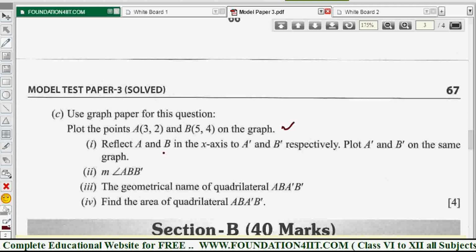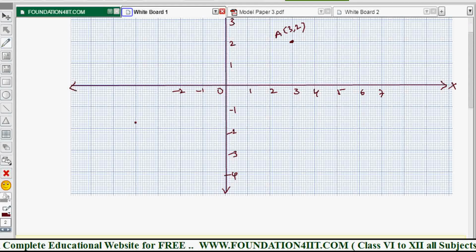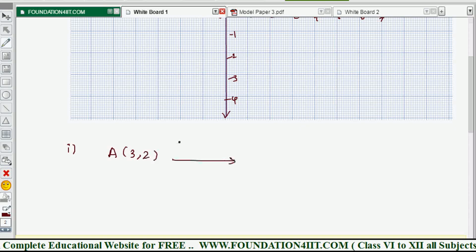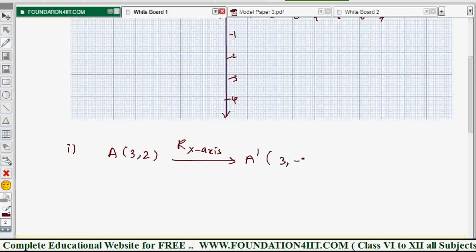And reflect AB on the x-axis. That means we should know the property of reflection. A is (3, 2), and its reflection on the x-axis is A dash, which is (3, -2).